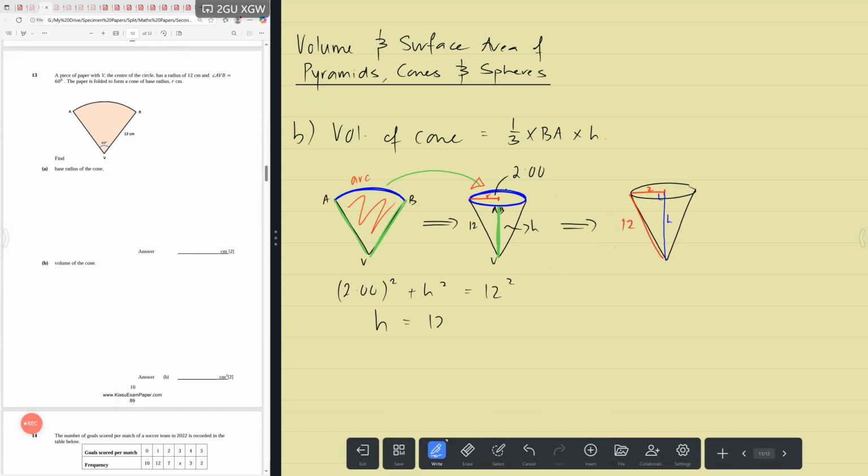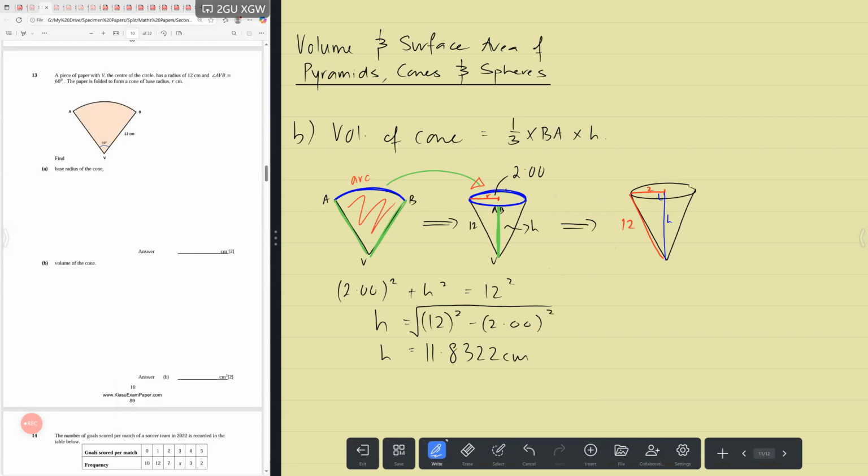So h is the square root of 12 squared minus 2.00 squared. Using our calculator, we get 11.8322 centimeters. This is our height.